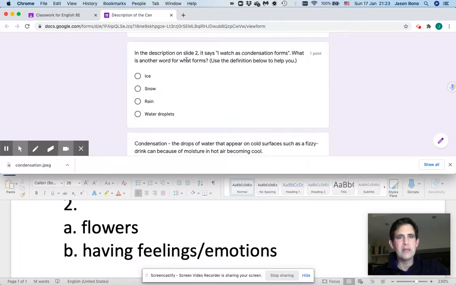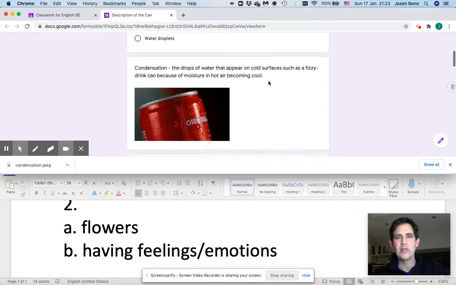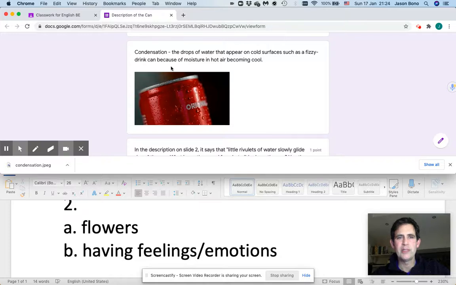It says in the description on slide 2, I watch as condensation forms. What is another word for what forms? Not just condensation. If you're going to put another word there, which word from the list could you include? You can use this definition below to help you. Condensation, the drops of water that appear on cold surfaces, such as a fizzy drink can, because of moisture and hot air becoming cool.